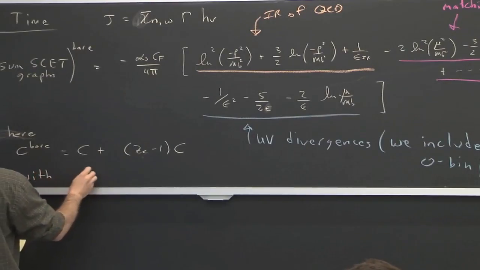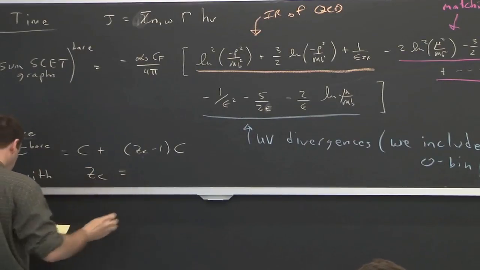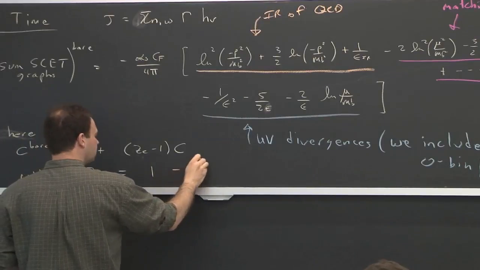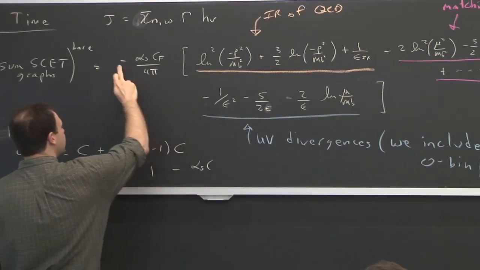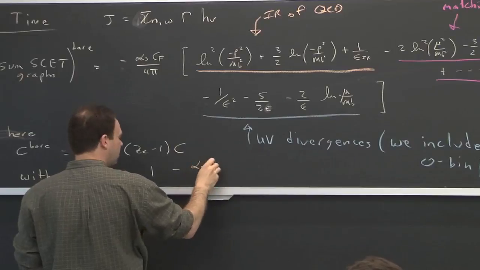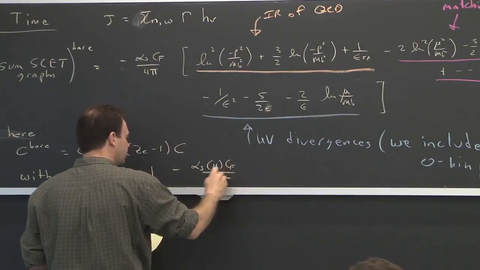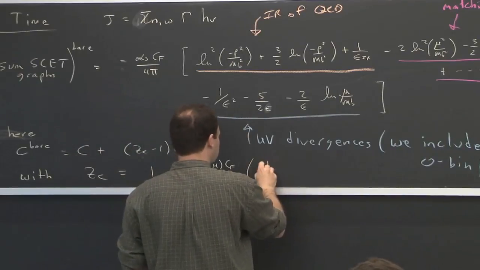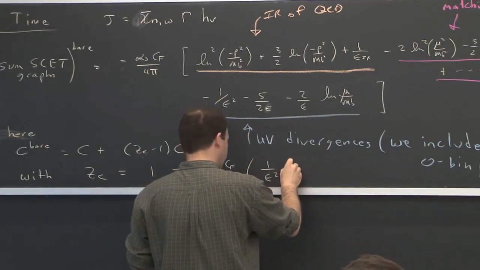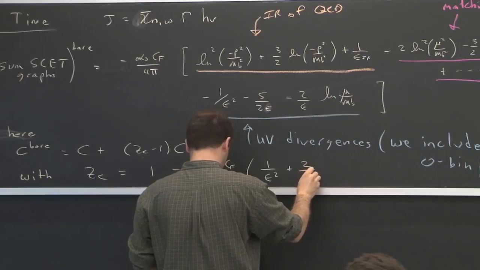And so the counterterm we need is the following. So with this minus sign canceling that minus sign, you get plus. And so the counterterm for the operator, therefore, should have a minus. And just exactly these terms.